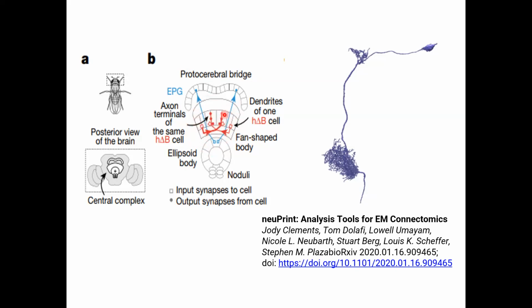It's like some part of the computer is going on there. You can measure H delta B activity, and you can measure EPG activity. It's easier to say than to do.